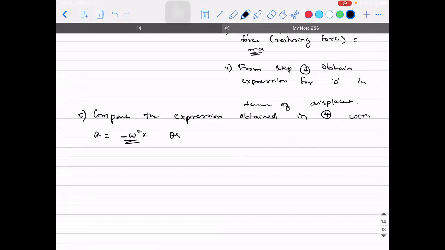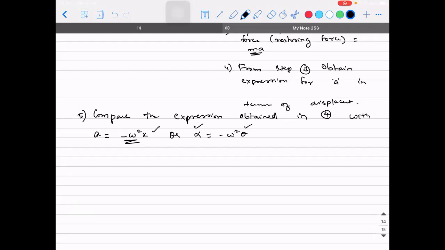If at all you're talking about rotation, you'll see this kind of expression also: alpha is equal to minus omega square theta, where alpha stands for angular acceleration and theta stands for angular displacement. It will depend on the problem, whether you're solving translatory motion or rotational motion. If translatory, you will get a is equal to minus omega square x.